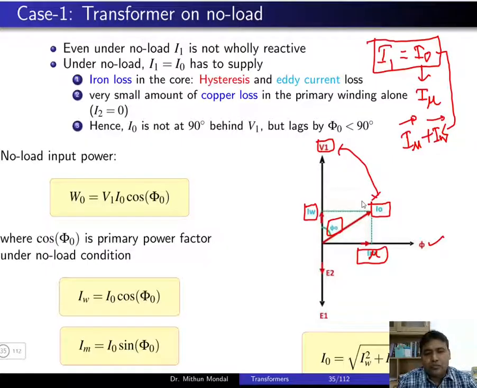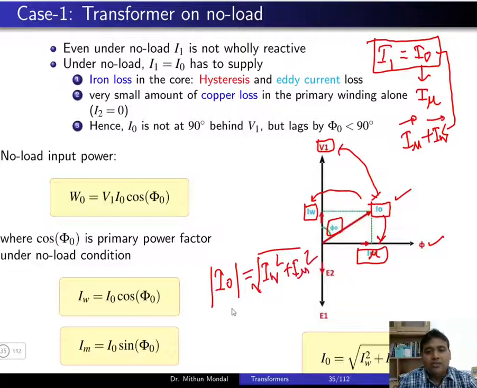So I naught can be resolved into two components, IW and I mu. I naught is a vector quantity, so its absolute value is the square root of IW square plus I mu square. This we discussed in the previous class, so we'll start our discussion for today's class.